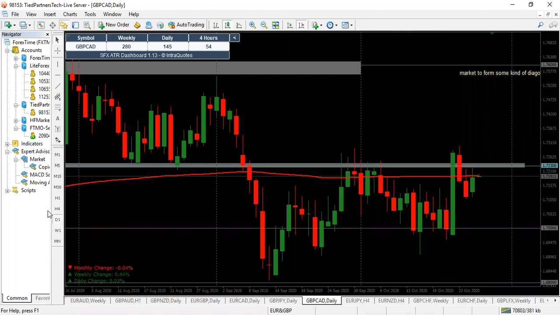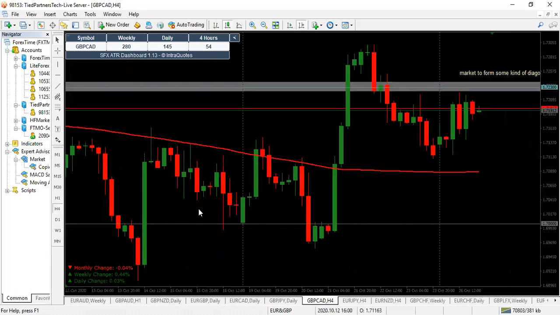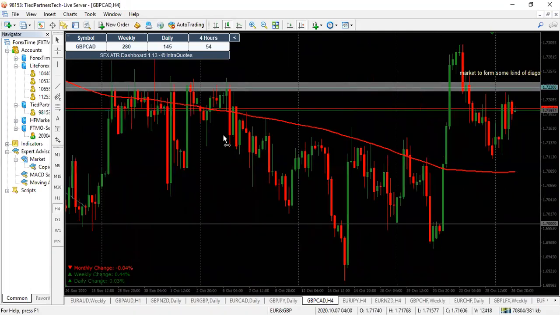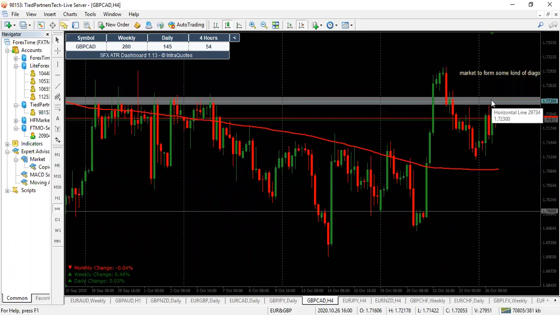So what we want to be doing is waiting for price to come into this area and create a rejection of this area. When that happens, I think that would be the best time to start looking for opportunities in the market.